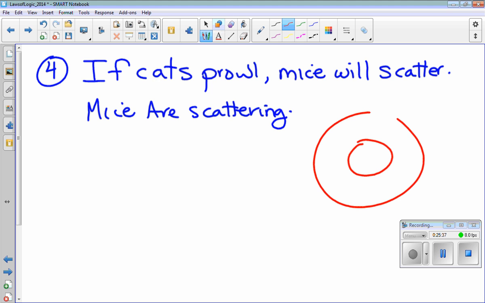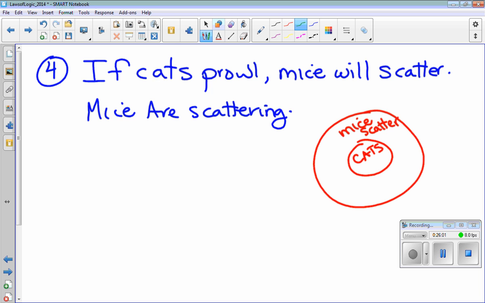We have an if-then statement, so I know I at least have this portion of the Venn diagram, correct? So we have if cats prowl, then the mice will scatter. So I have my if-then statement. Where does my example go?